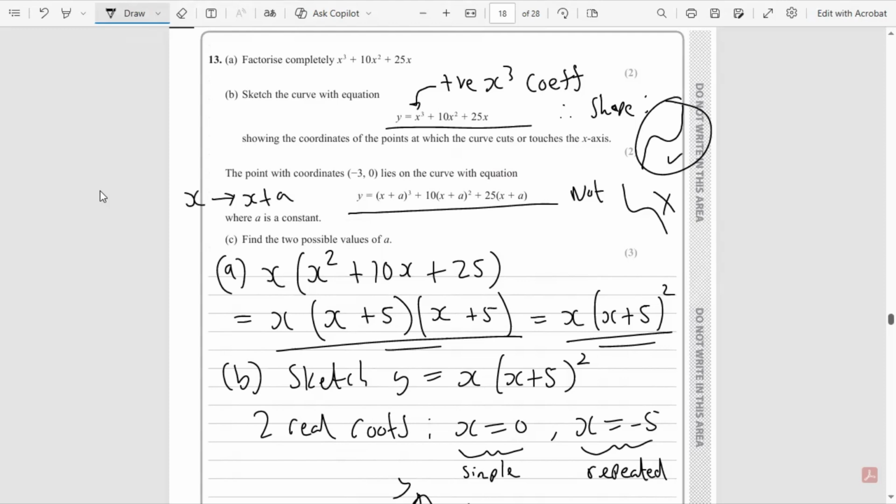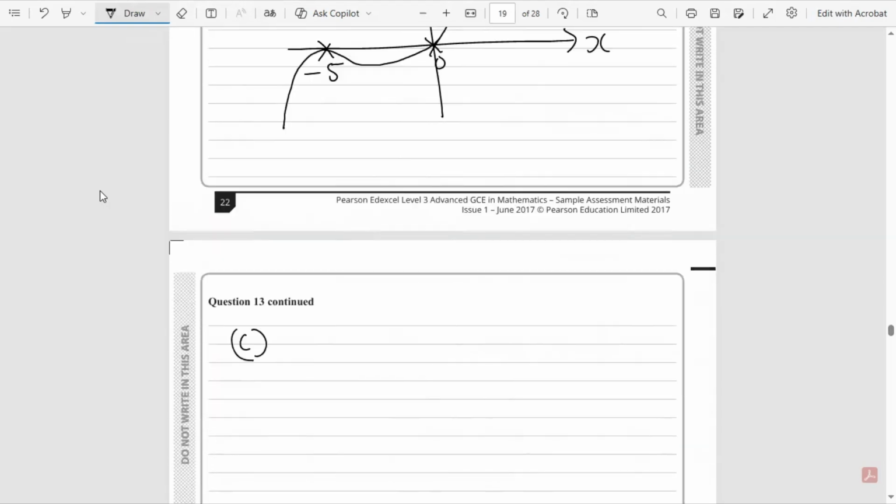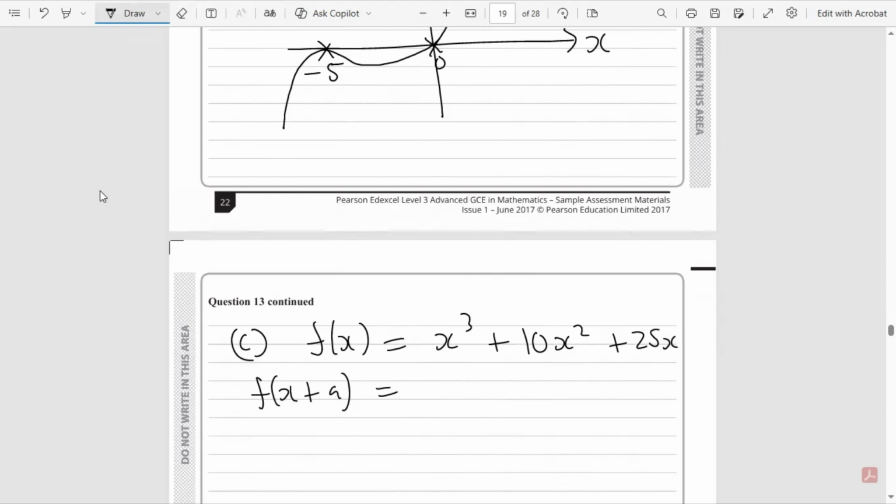If we use function notation to explain this, we can say that f of x is equal to the original cubic, x cubed plus 10x squared plus 25x. So that means f of x plus a is equal to (x plus a) cubed plus 10 times (x plus a) all squared plus 25 times (x plus a).